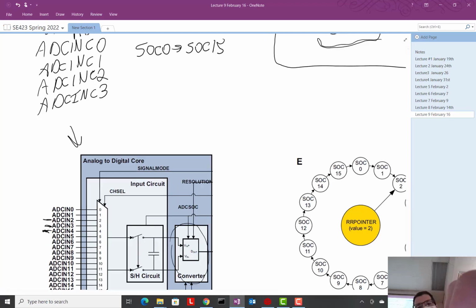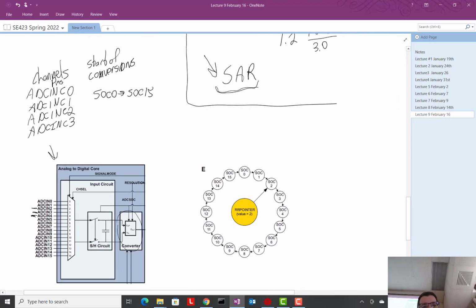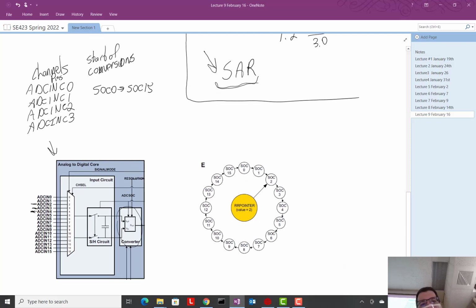And then finally we have the interrupts. The interrupt numbers. This is where you kind of think this is due to a channel. There's ADC C1, ADC C2, ADC C3, and ADC C4.